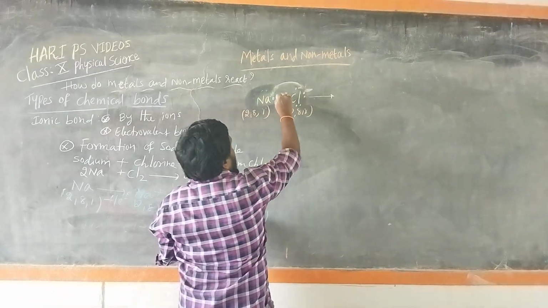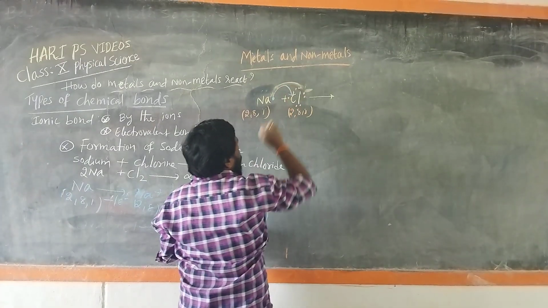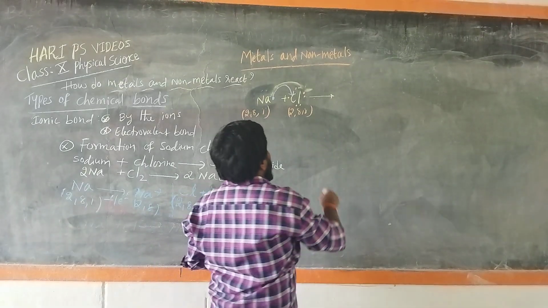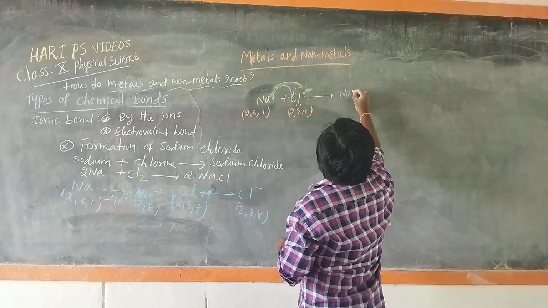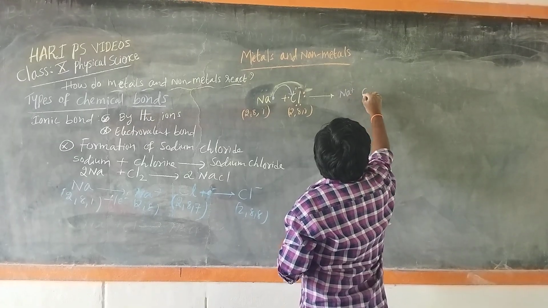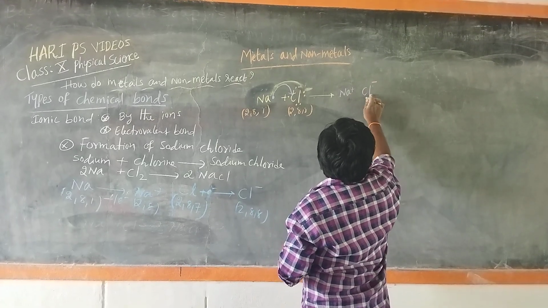So this 1 electron is transferred to the chlorine, then sodium forms Na plus and chlorine forms Cl minus.